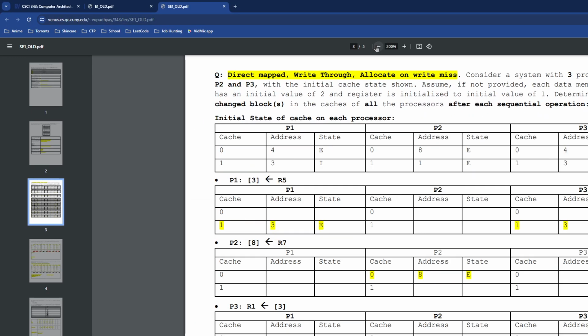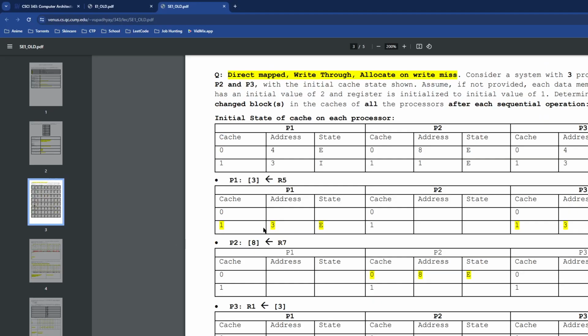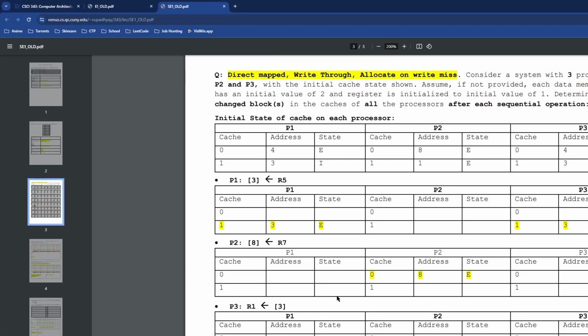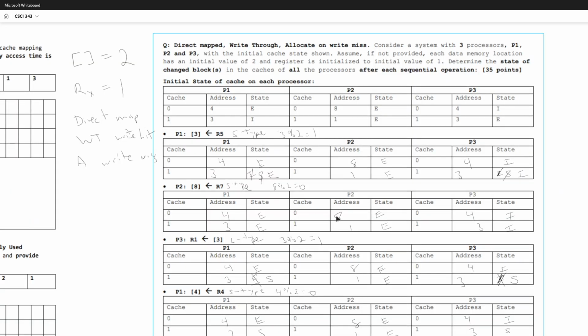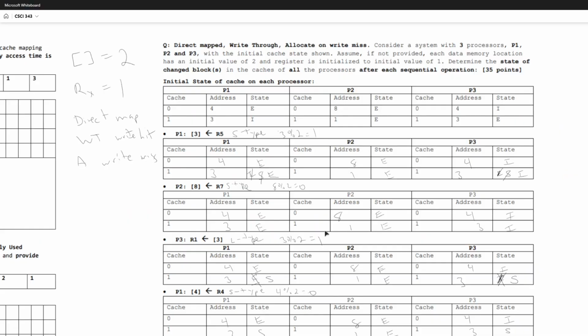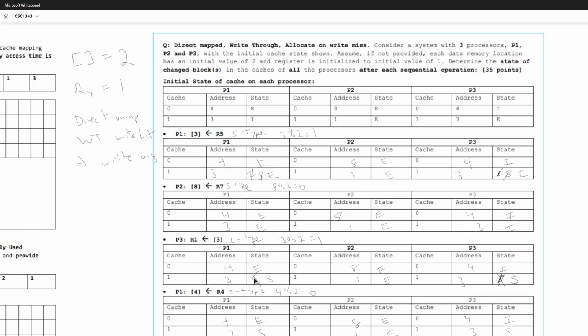Let's see if it's right. Yeah, so 3 in exclusive, 3 in invalid. Okay. 0, 8 exclusive. Okay, that's good, I think. And then address 1. Oh, sorry, address 3 with shared.